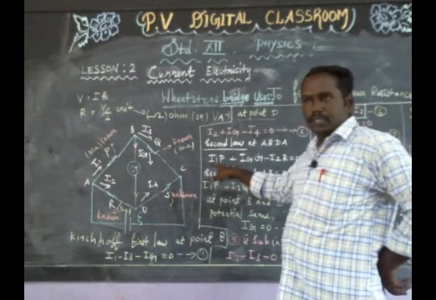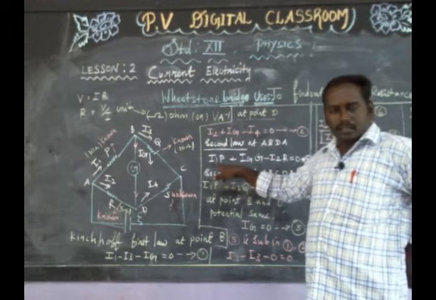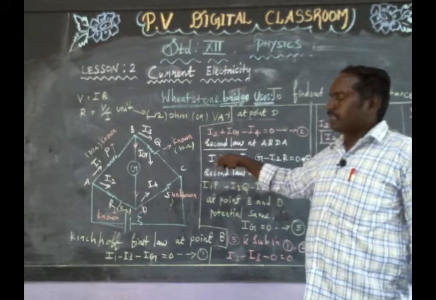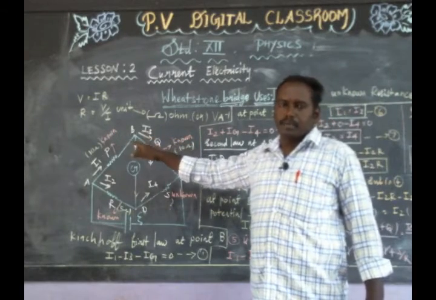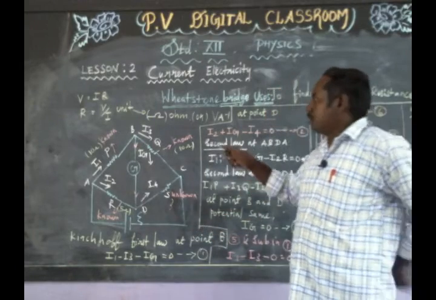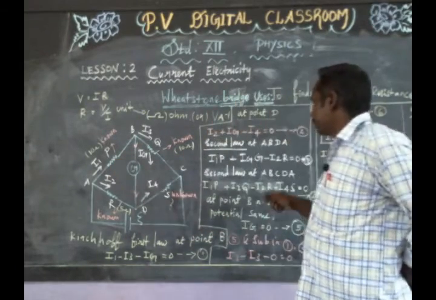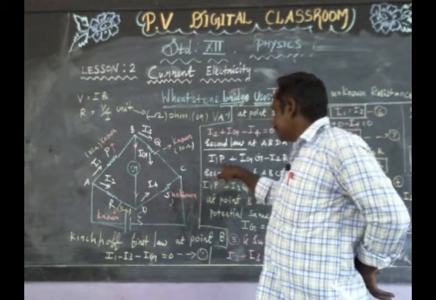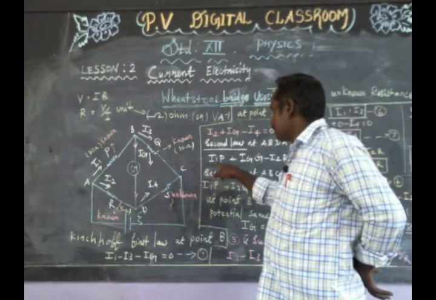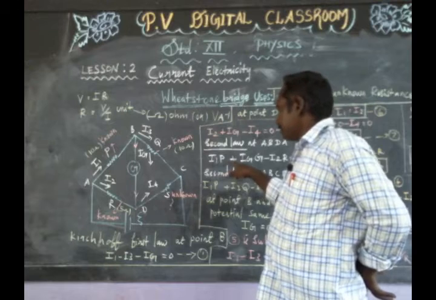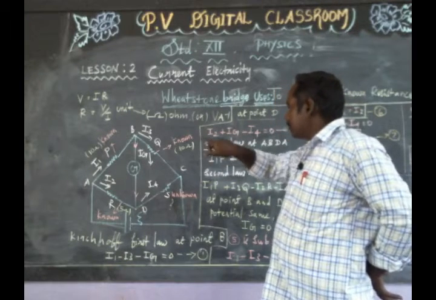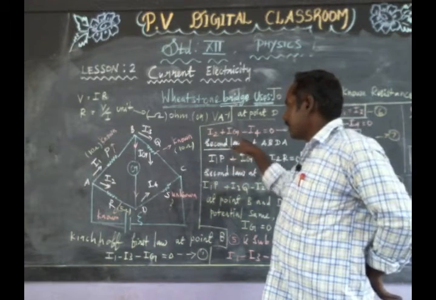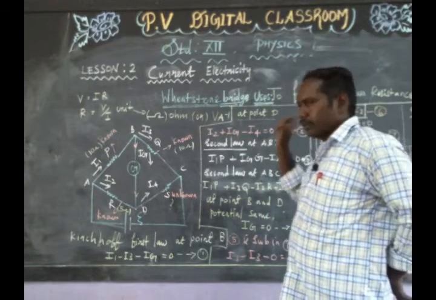By Kirchhoff's second rule, the algebraic sum of the products of current and resistance in the network is equal to the algebraic sum of the EMF. First I1 and resistance P. Clockwise direction is taken as positive, anti-clockwise as negative. Keep it in your mind.